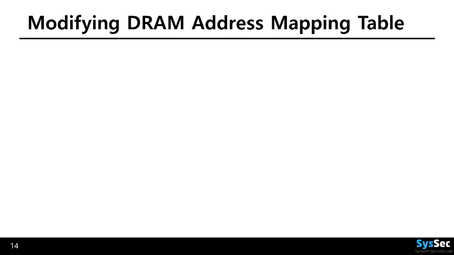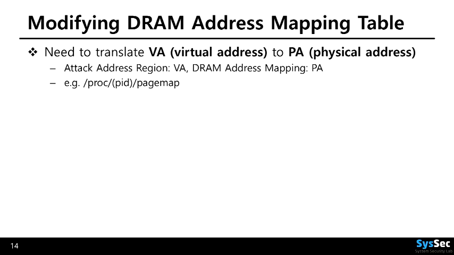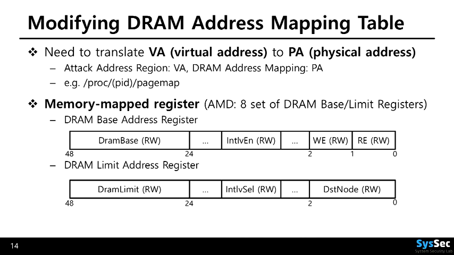And in order to modify the DRAM mapping table, the attacker first needs to obtain the physical addresses of the allocated attack address region. This can be done by using a pagemap file, for example. And actually, the entries are memory mapped registers. In case of AMD, they have 8 sets of DRAM base and limit registers.